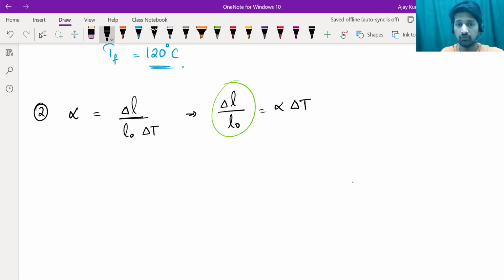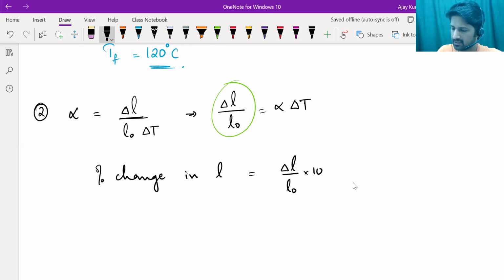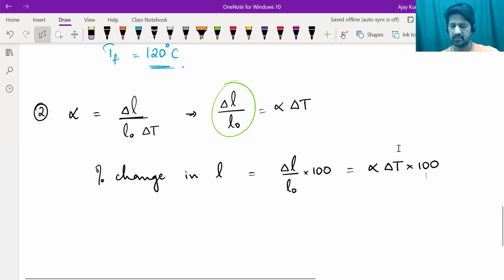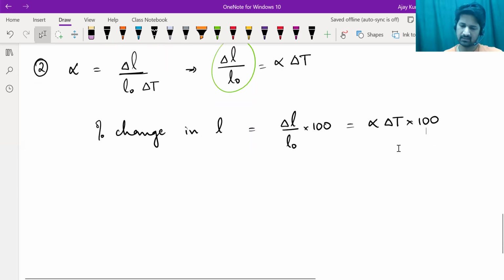And you know how to find out percentage change also. Percentage change in length or percentage change in any quantity is relative change in that quantity multiplied with 100. So that becomes alpha delta T into 100. So relative change and percentage change based questions also can be asked, and they are quite easy to solve.